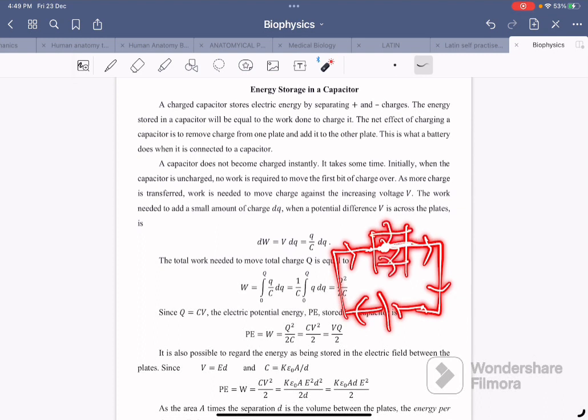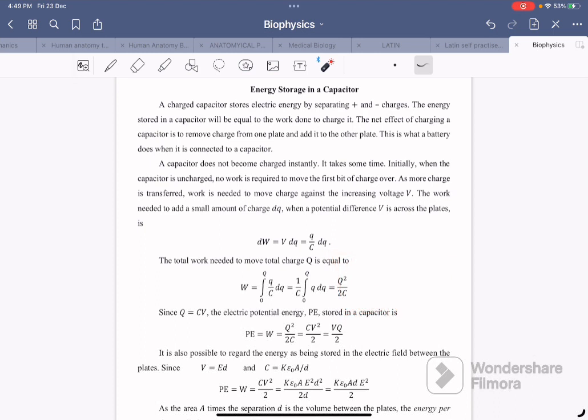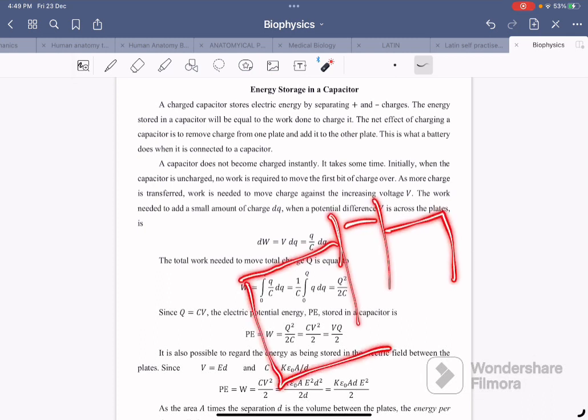So the charge can be transferred like this, from the positive to the negative terminal of the battery. But one thing to be clear is that it requires work to transfer across the capacitor. All right, it requires work.